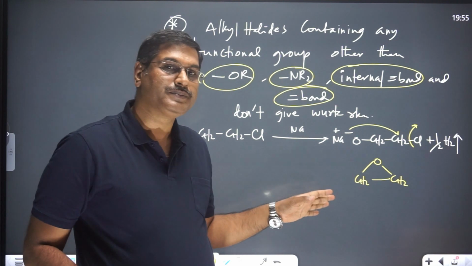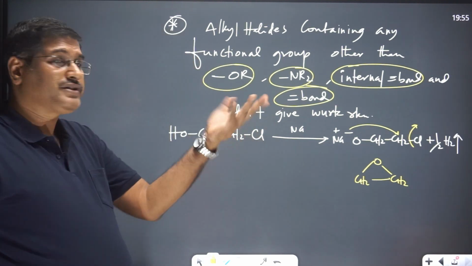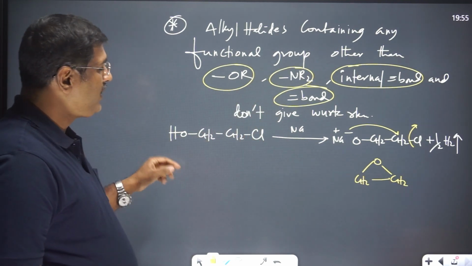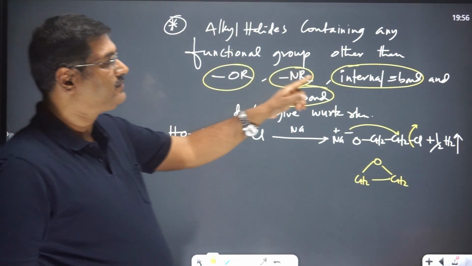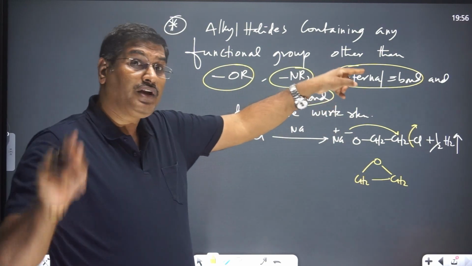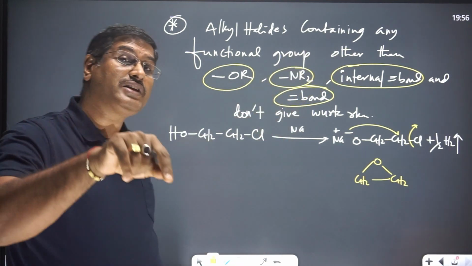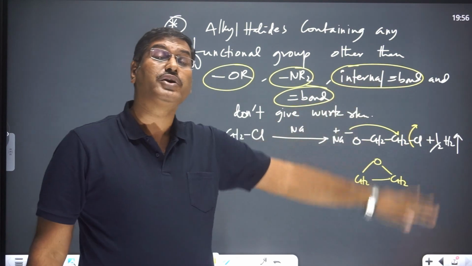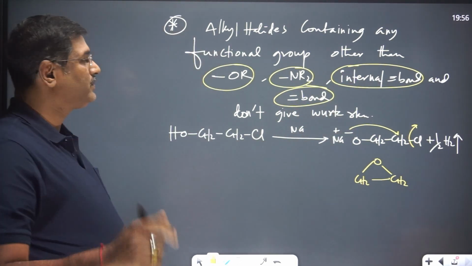Reaction gets diverted in some other direction. So remember this point: if any functional group other than these is present, it matters. An internal triple bond is permitted, but a terminal one has acidic hydrogen, a similar thing will take place, and that's why this kind of reaction won't take place.